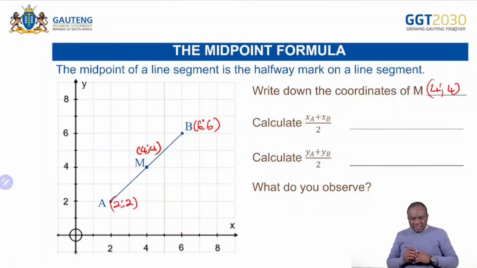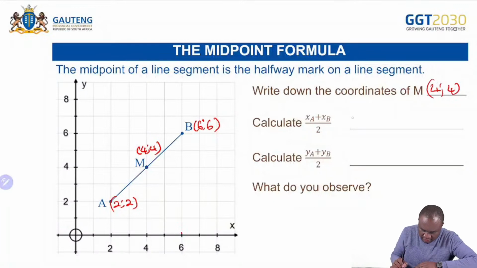Right, and then calculate xa plus xb divided by 2. We say 6 plus 2 divided by 2, which is 8 divided by 2, is 4. See that? It's giving us that. And then again for the y coordinates, the numbers are just the same, 6 plus 2, which gives 4.